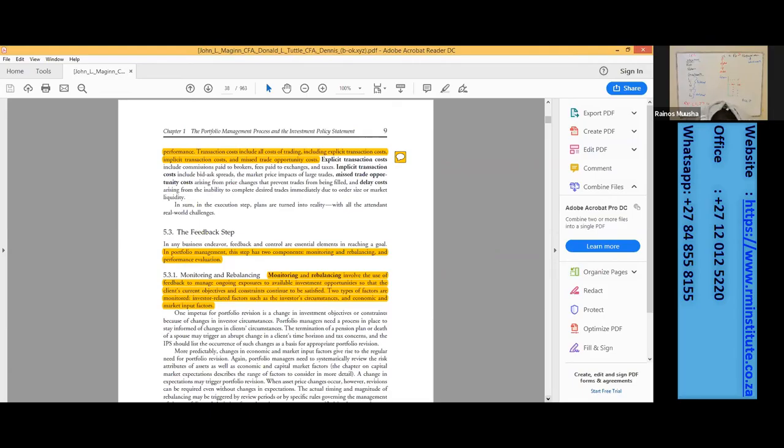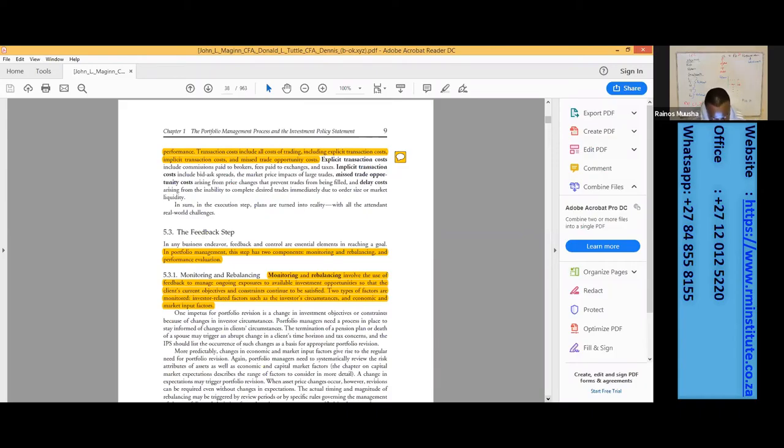So explicit transaction costs include commissions paid to brokers, fees paid to exchanges, and taxes. And implicit transaction costs include bid-ask spreads, the market price impacts on large trades, and missed trade opportunity costs arising from price changes that prevent trades from being filled, and delay costs arising from the inability to complete desired trades immediately due to the order size or the market liquidity.